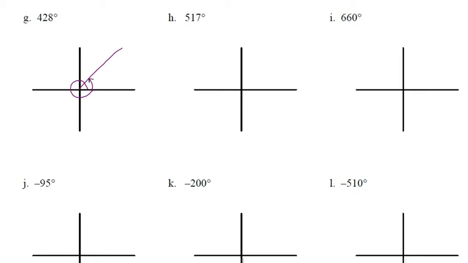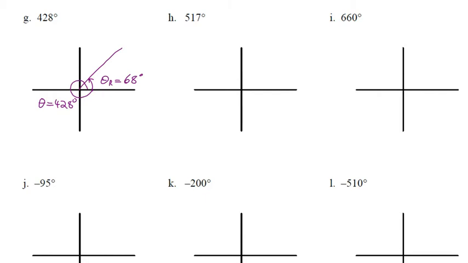Okay, so this theta is 428 degrees. So I'm showing one full rotation of 360, plus another how much? Plus another 68 degrees, right? So 360 plus 68. Well, what does that make my reference angle? 68 degrees, right?